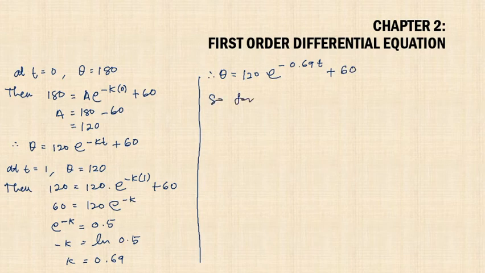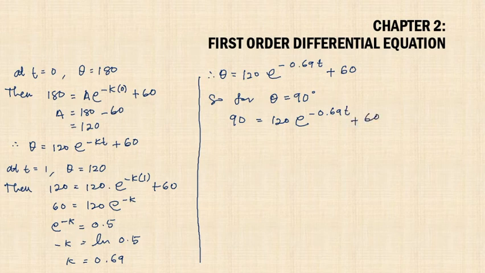So for theta equals 90 degrees, we have 90 degrees equals 120 e power of negative 0.69 t plus 60.